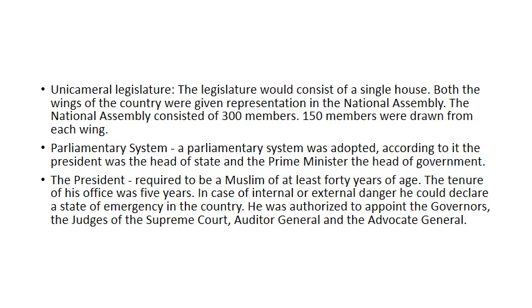And the president could be a Muslim of at least 40 years of age. The tenure of his office was 5 years. In case of internal or external danger, he could declare a state of emergency in the country. He was authorized to appoint governors, the judges of the Supreme Court, the Auditor General and the Advocate General.